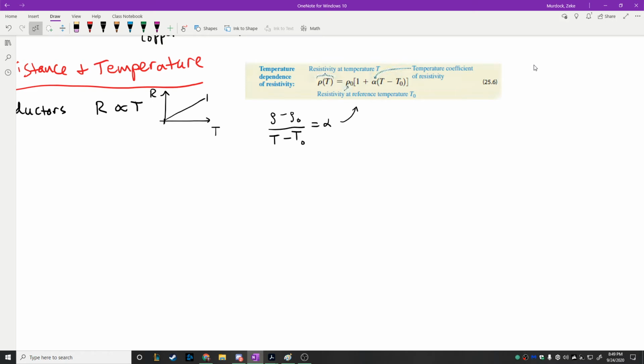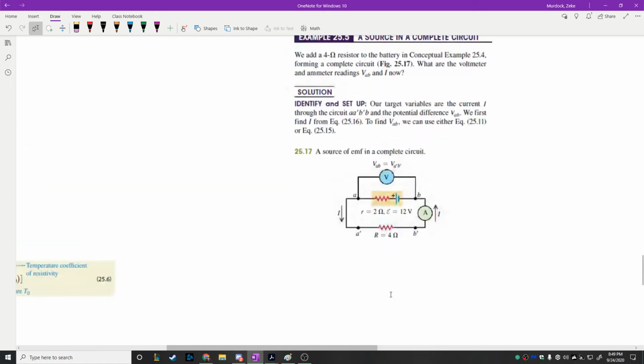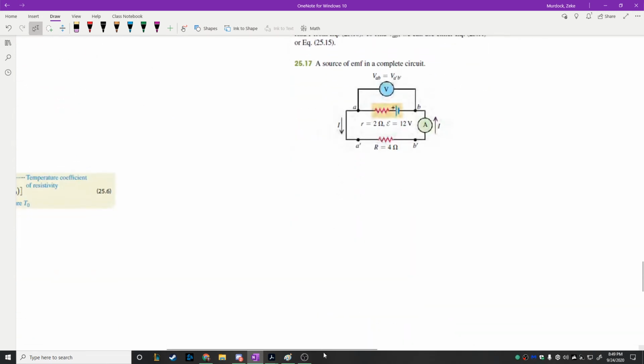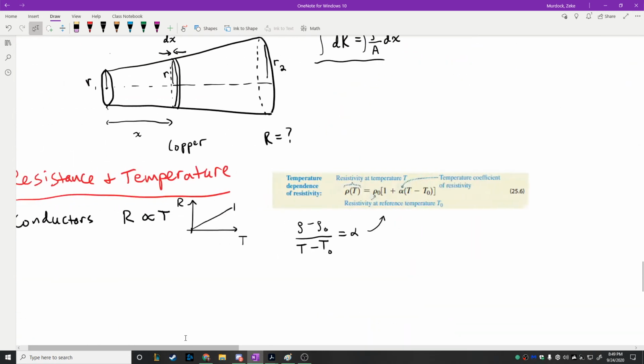So what is alpha? Alpha is once again just going to be some number that you look up in a table. Alpha is what's referred to as the temperature coefficient. Here's a question for those of you that are taking 1B now or have taken it in the past: we talked about linear expansion, when you heat up an object and it expands, we also use this symbol alpha.